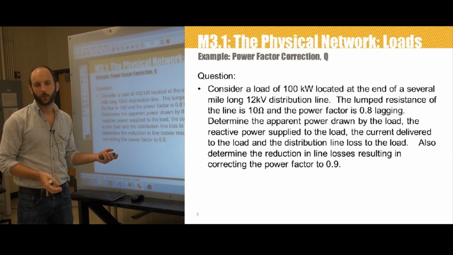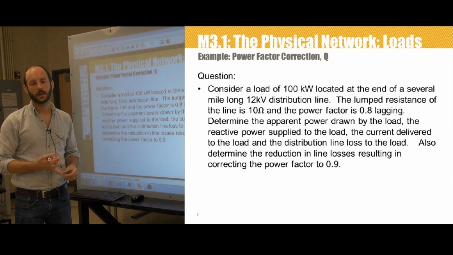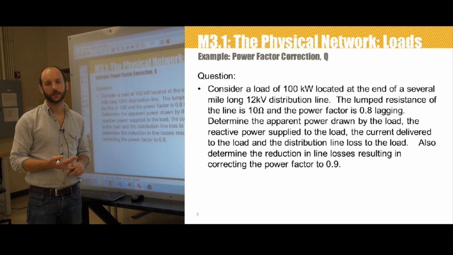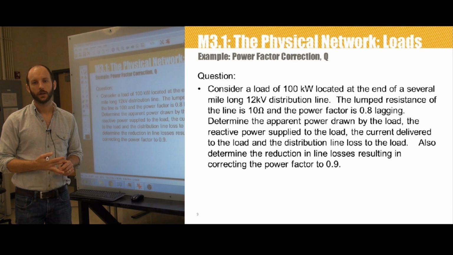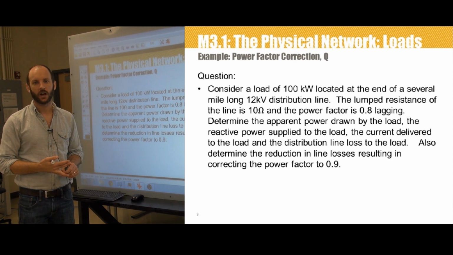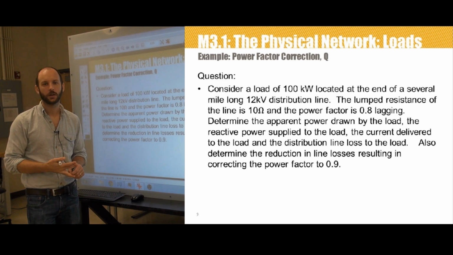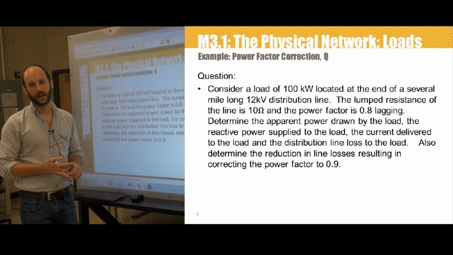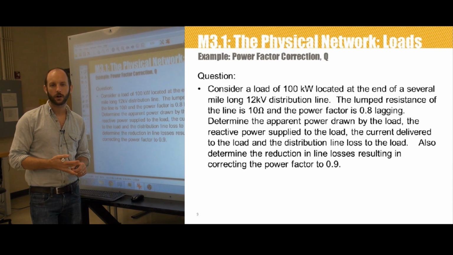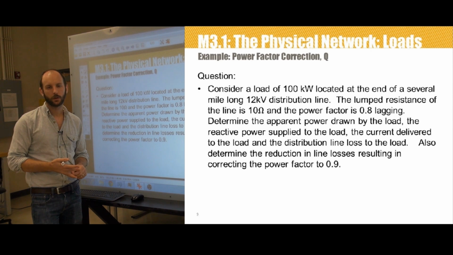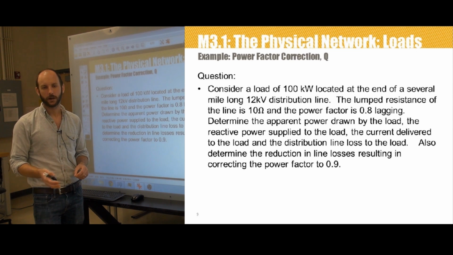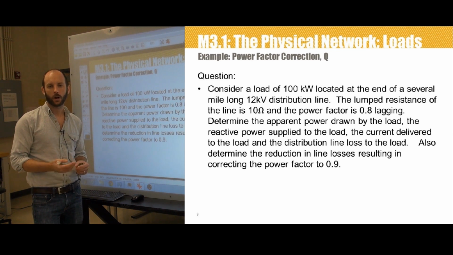So we've got a 100 kilowatt load located at the end of a several mile long 12 kilovolt distribution line. The lumped resistance of the line is 10 ohms and the power factor of the load is 0.8 lagging. You need to determine the apparent power drawn by the load, the reactive power supplied by the source to the load, the current delivered to the load, and the distribution line loss to the load.